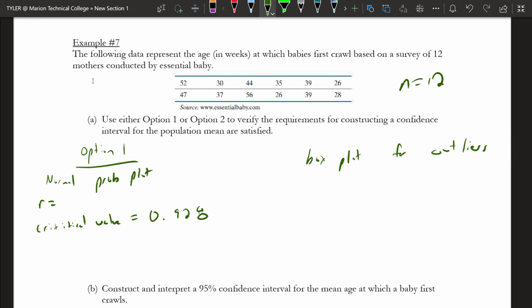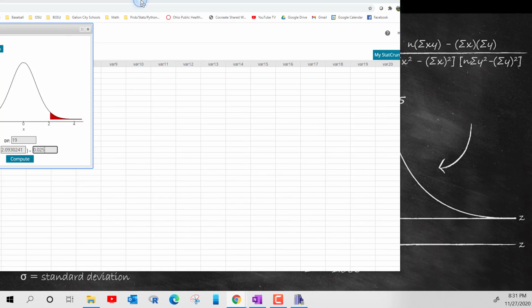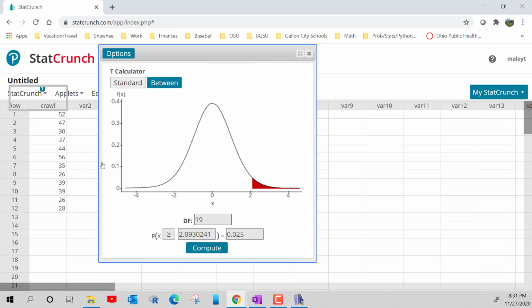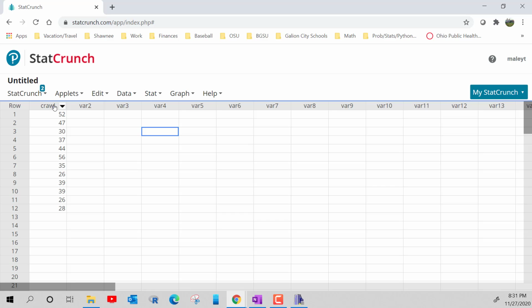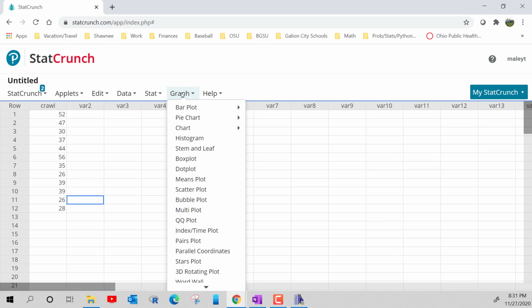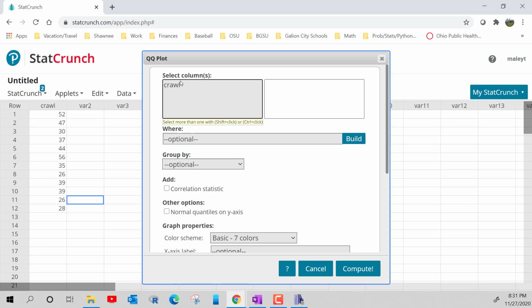Right, so let's use StatCrunch to do this. And so I went ahead and already typed in the data here to save time. So you can pause the video here and type this in if you'd like. So I typed crawl at the top for my variable name and typed in the 12 numbers. Right, so remember, to get a normal probability plot, you're going to go to Graph and then QQ-plot. You have to click on the variable, and then remember you have to check these two boxes, right?